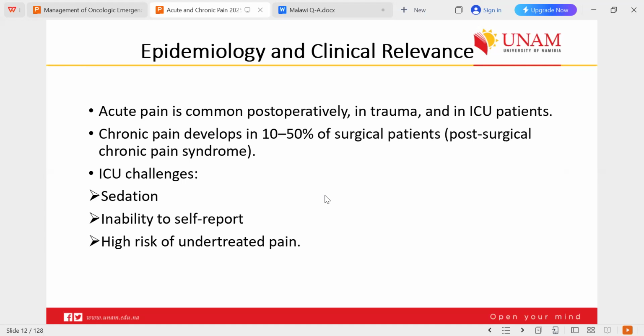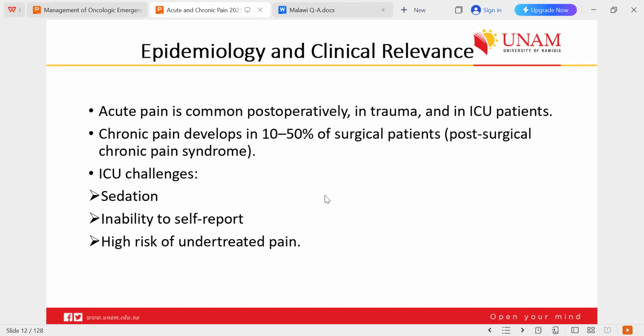Epidemiology and clinical relevance. Acute pain is common post-operatively, and that's where we come in, and in trauma, especially in emergency units. It's also very common, usually underdiagnosed, among ICU patients.